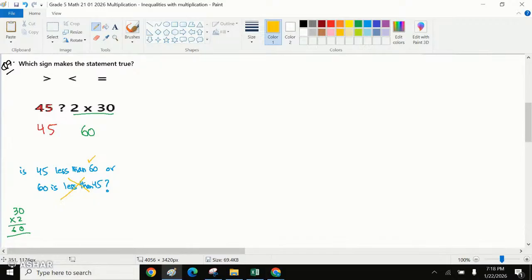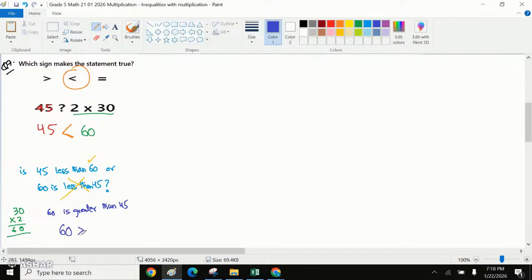So what we can say is whichever number is smaller will have the closed end. Closed side, right? So we read this as 45 is less than 60. Or we can also say that 60 is greater than 45, right?